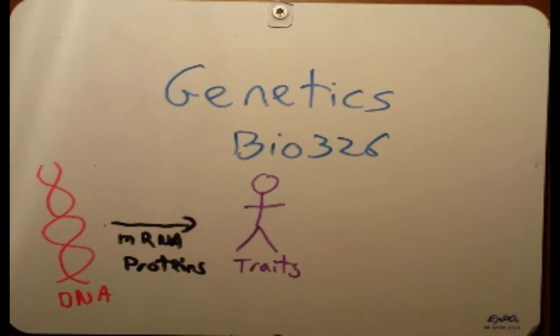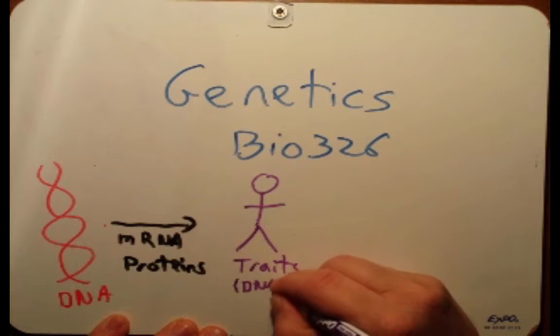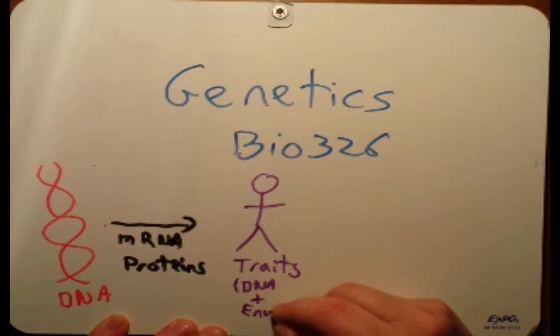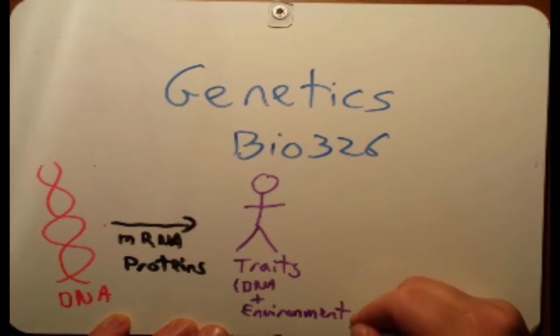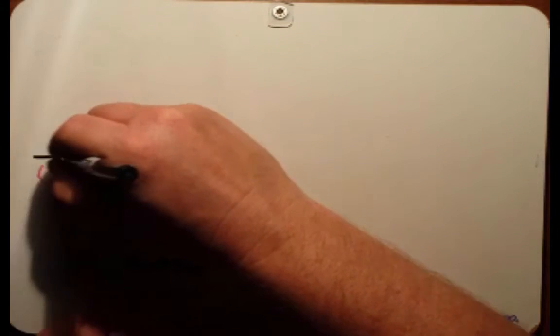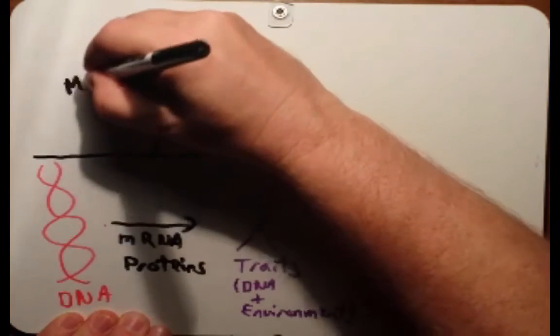And these traits, as I said, I'll repeat it real quick, are the result of the DNA plus the environment. Now this process of going from DNA to traits, we can lump into one large category, which we'll call molecular genetics.